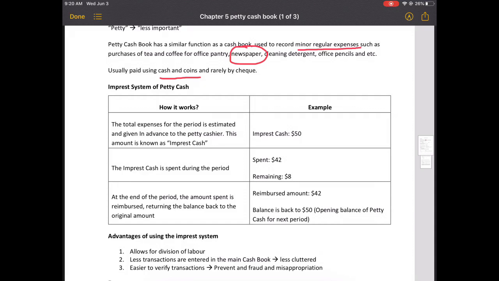So let's say you spend $42, so that is the amount that you will be reimbursed, returning the balance back to the original amount, which means that the opening amount and the closing amount in your petty cash should always be the same. So if you started off with $50 at the start of the month and you spend $42, you should have 50 by the end of the month. So you are reimbursed back this $42.